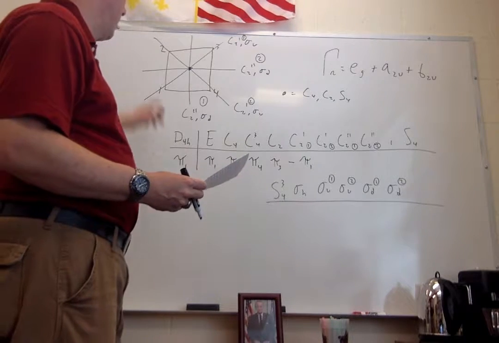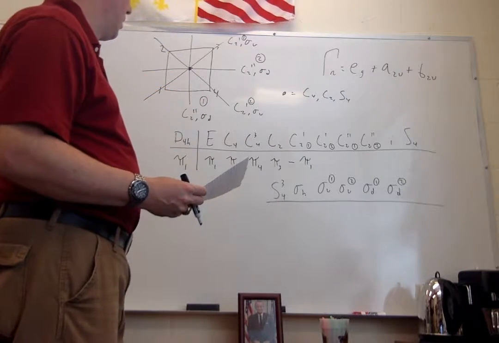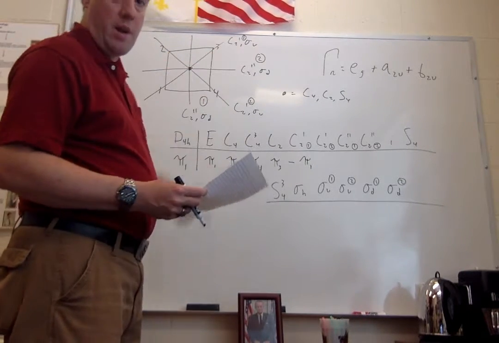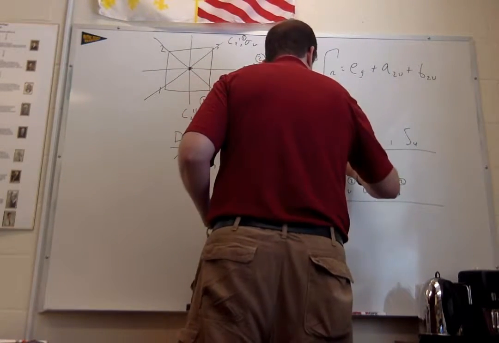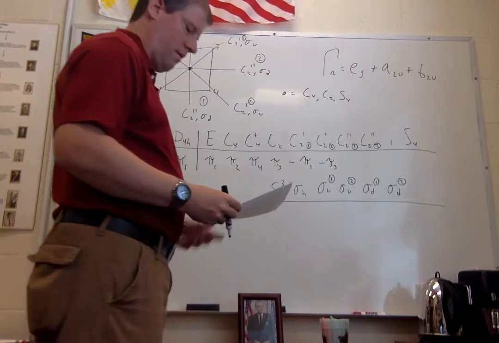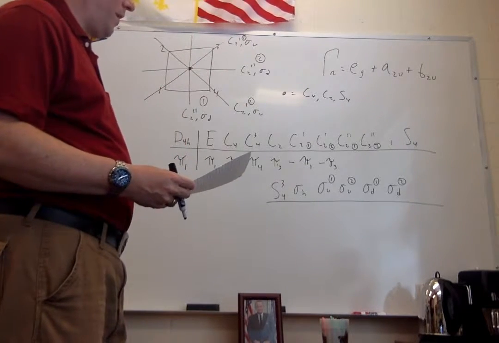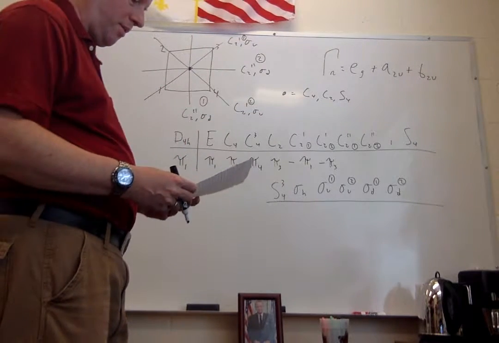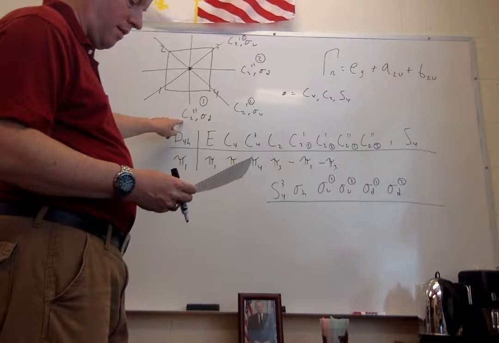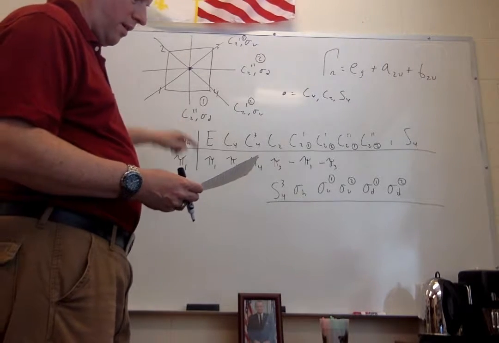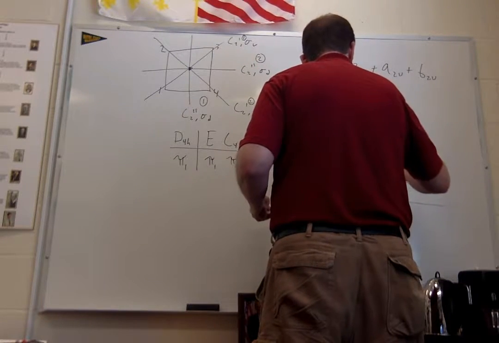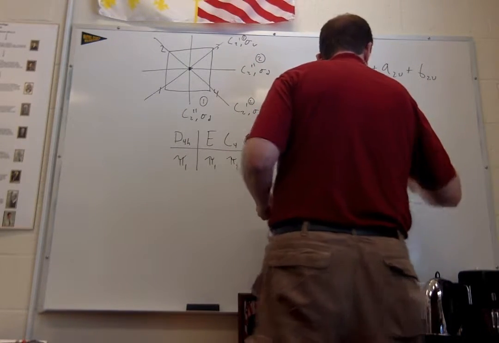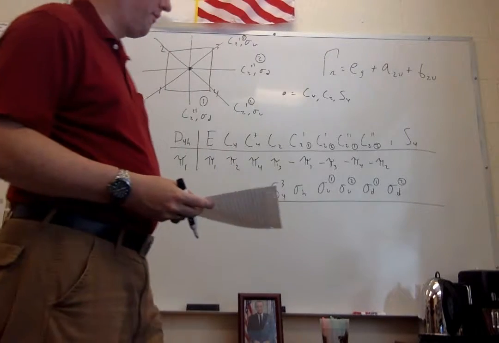The other C2 will exchange 1 and 3 and flip it over, and therefore it is negative pi 3. The other ones, the C2 double primes, the first one, which we labeled here, makes that negative pi 4, and the other negative pi 2.